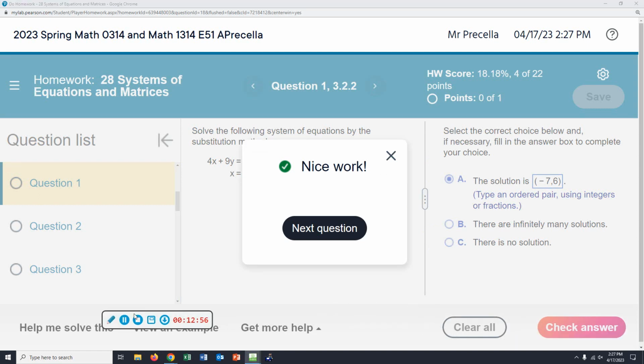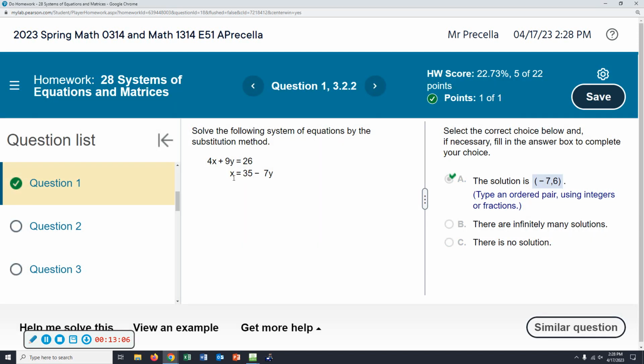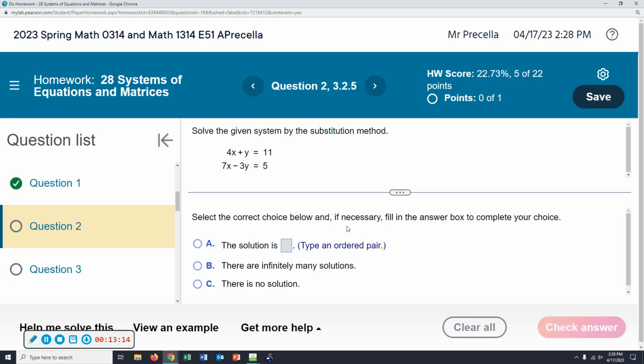This is called substitution, and you have to notice that it was convenient that one of the equations says x equals. Suppose we had something like this one on number 2. On problem 2, there's not one of the variables already isolated.